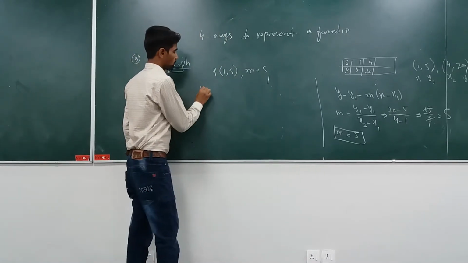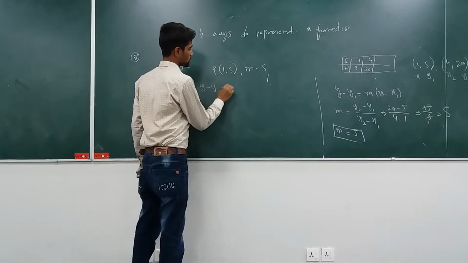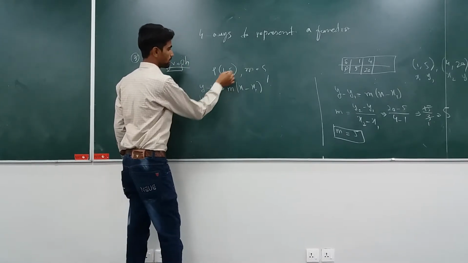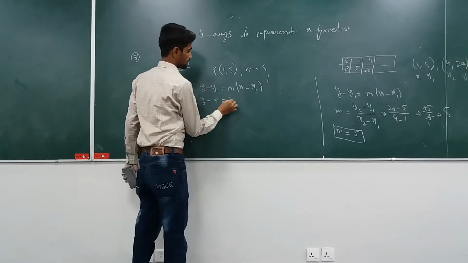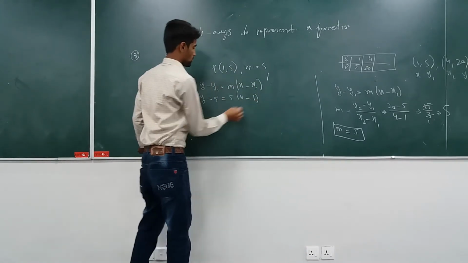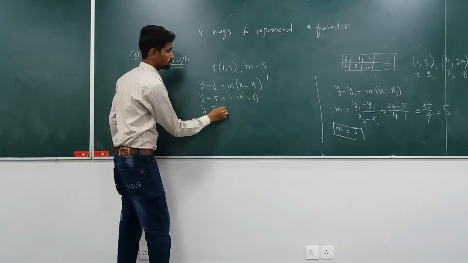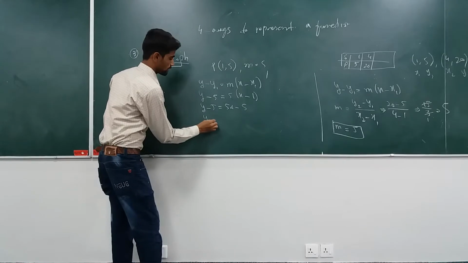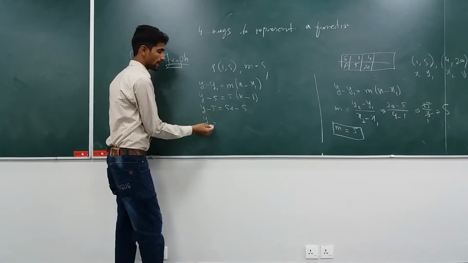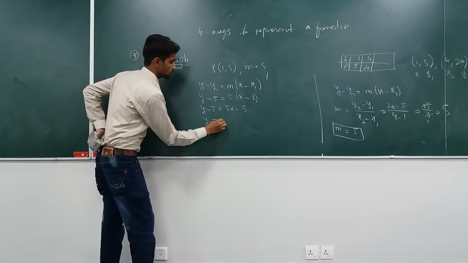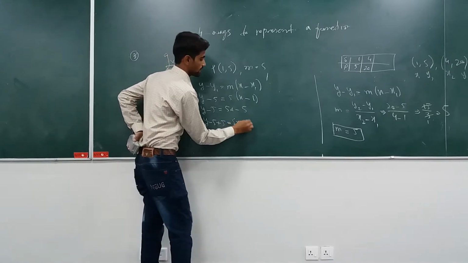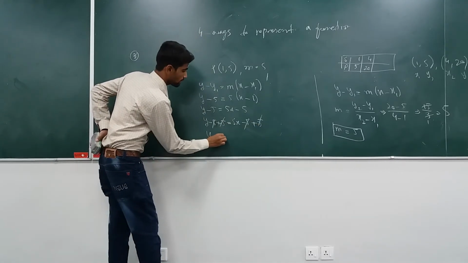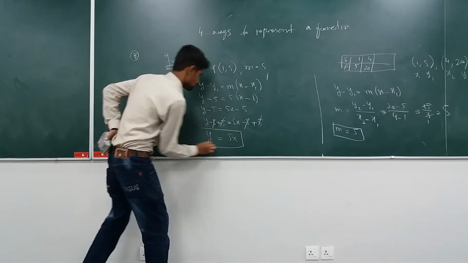By the slope point form, y - y1 = m(x - x1), so y - 5 = 5(x - 1). Adding 5 on both sides, y = 5x - 5 + 5, so y = 5x.